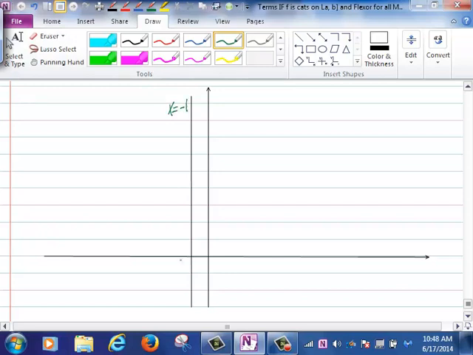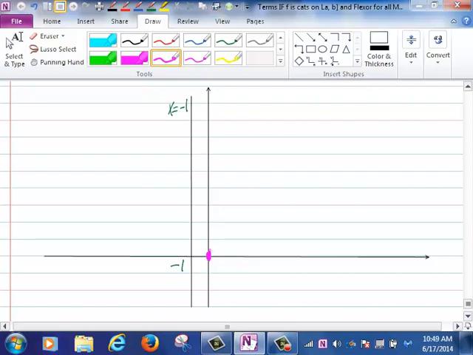Okay? So this is where -1 is. And one point on the graph would be 0, 0, right? That's the point corresponding to the critical point and the intercepts. I have no other intercepts, I have no other critical points.